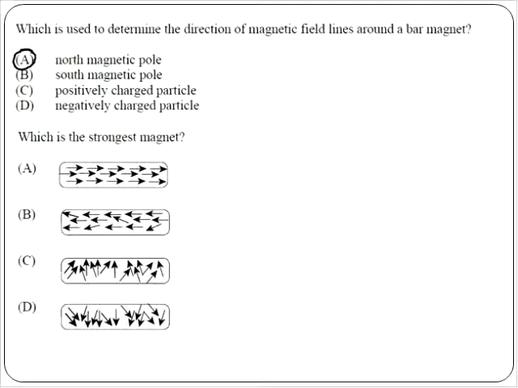Okay, the next one deals with domain theory. It says which one of those would be the strongest magnet? Well, remember, the strongest magnet is the one where the dipoles and domains line up the best. Well, obviously that's A, because in A they're all pointing in exactly the same direction.